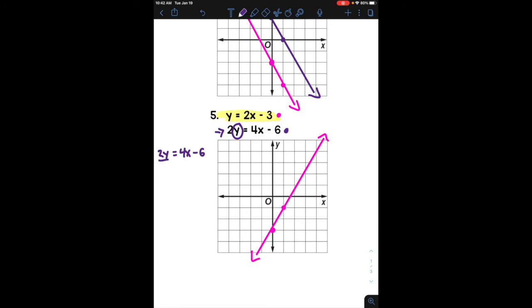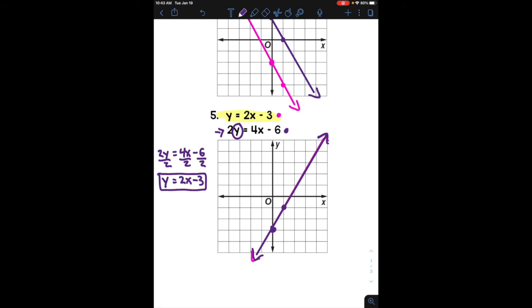Since 2 is being multiplied to the y, we'll divide everything by 2 to get y equals 2x minus 3. Now that the equation is in slope-intercept form, we could graph it, again starting at the y-axis at -3, and using the slope of 2 to plot our second point, where we're going to rise 2 and run 1 from our first point.